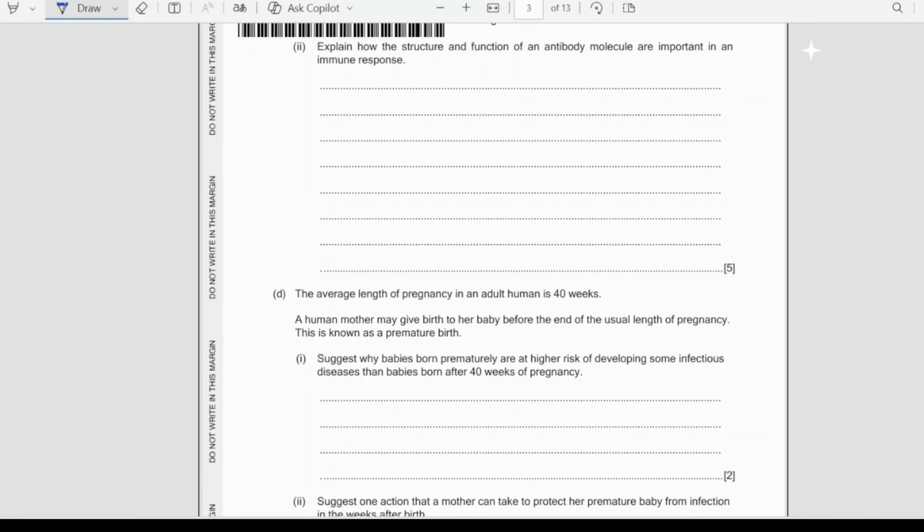Phagocytes are not involved in production of antibodies. Antibodies are produced by lymphocytes. So they are complementary to the antigen. You have to explain this point. This is the main point in the answer.